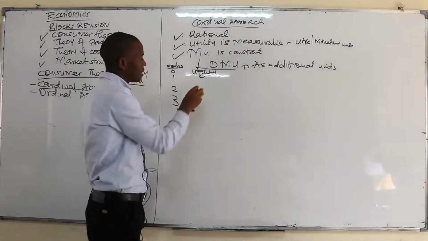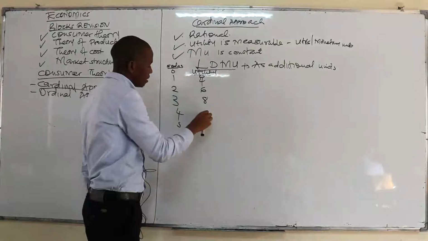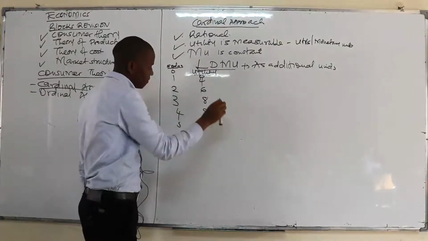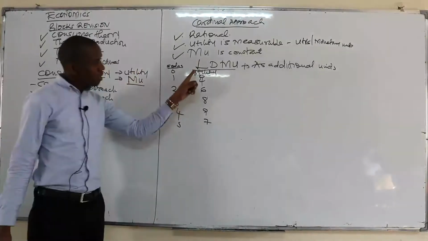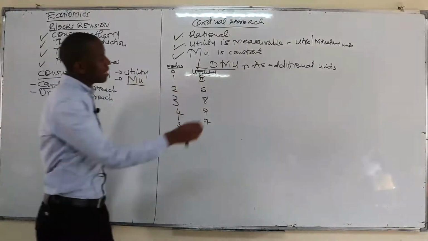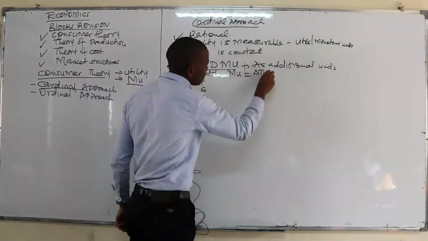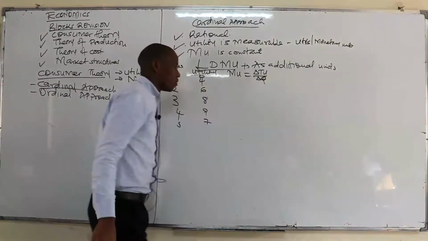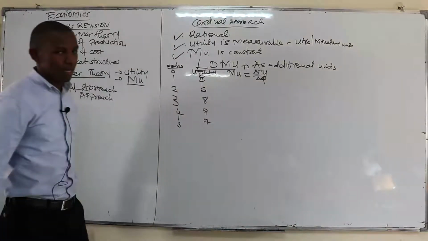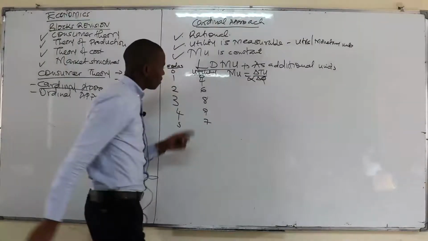So maybe it ends up 4, 6, 8, 9, then it becomes 7, it starts to decline. Sawa sawa. This is what we mean. For you to get the marginal utility, it is change in total utility over the change in quantity. Sawa sawa. So for the first one it will be 4 minus 0, you divide by 1, it will be 4.